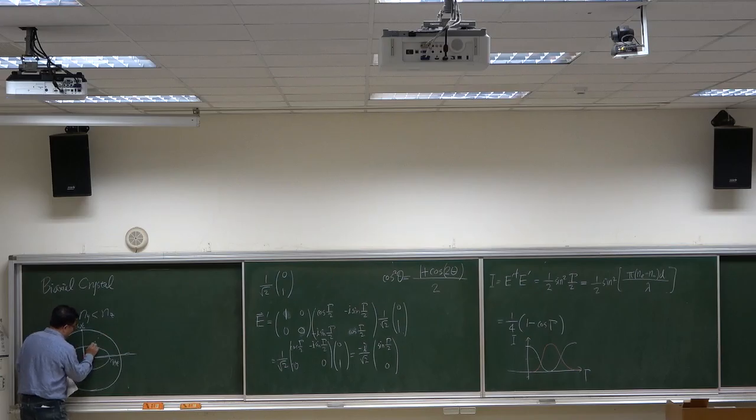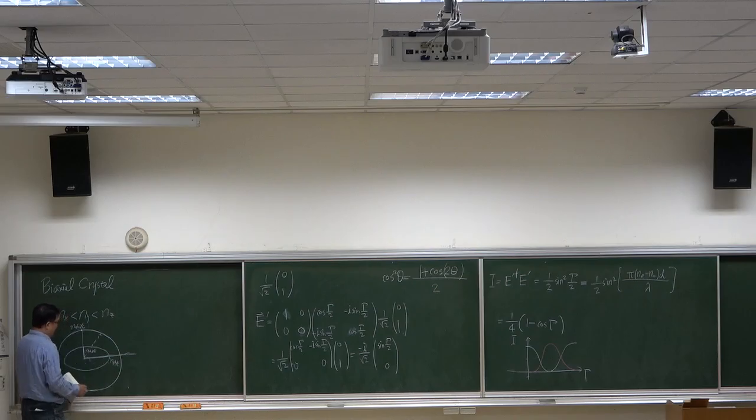So if you have an arbitrary propagation direction, but the B vector is along the Z axis, then you get a refractive index that is equal to nz, and this corresponds to this circle.